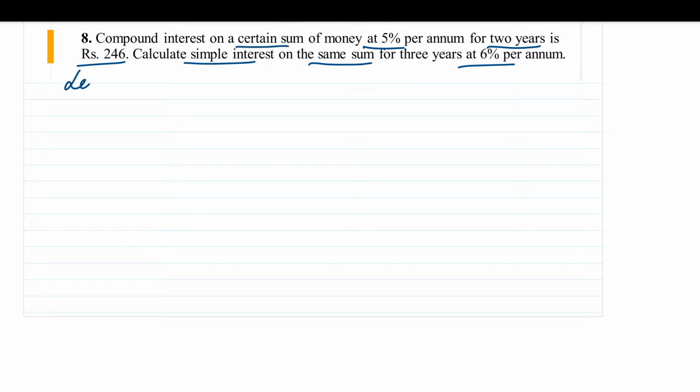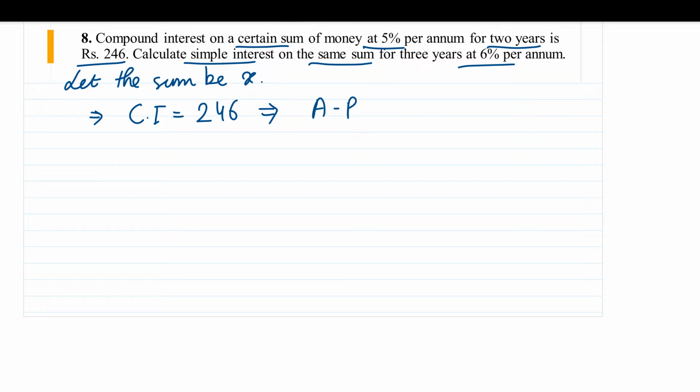Let the sum be x. So we know the compound interest CI is given as 246. This is the condition. Let's do the substitution. CI is A minus P. It is 246.